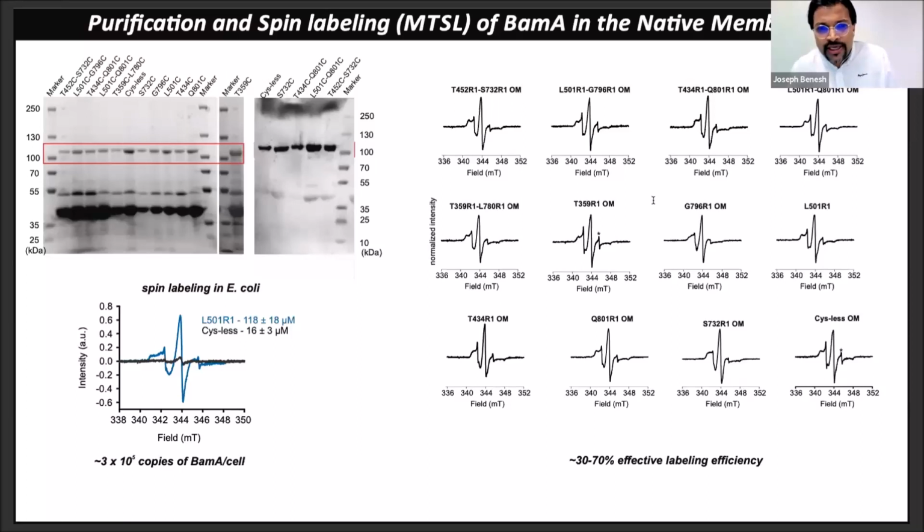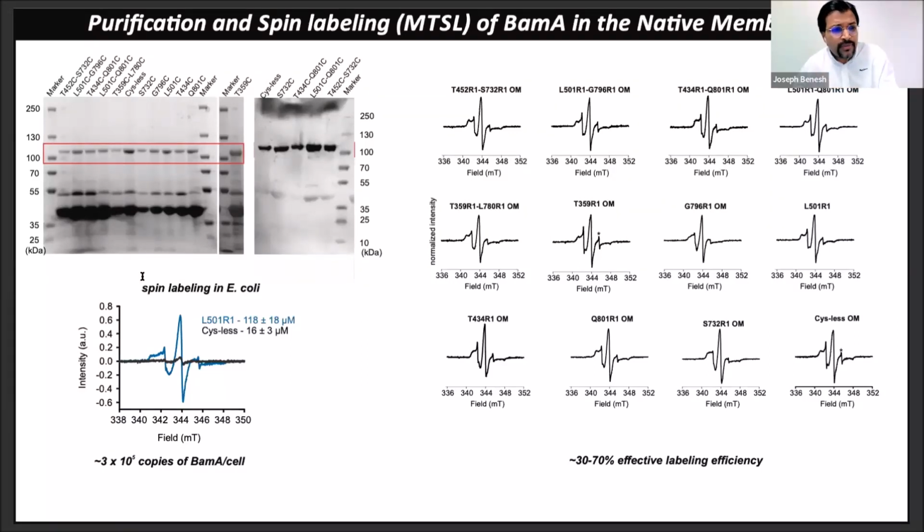So here you can see again the continuous wave CW EPR spectra with little or no free spins, and this is not an easy task to completely remove the free spins, which took quite some effort for Adira. And as I showed earlier for BtuB, you can see that in membranes we have a little bit higher background labeling.